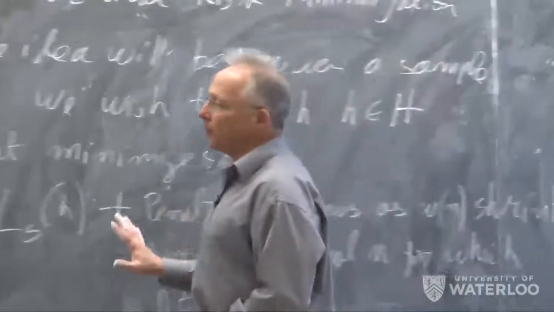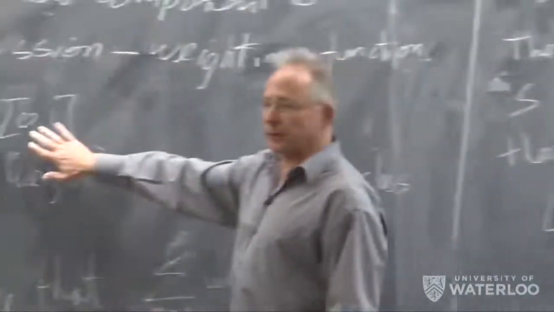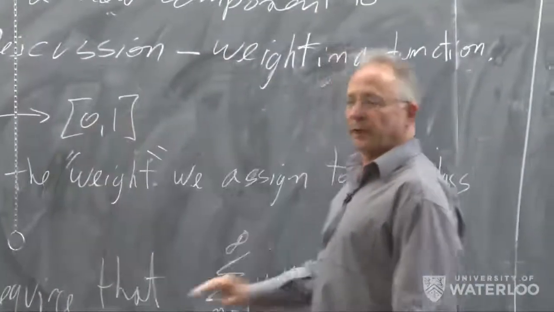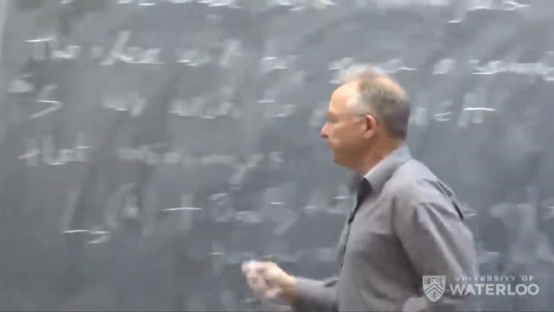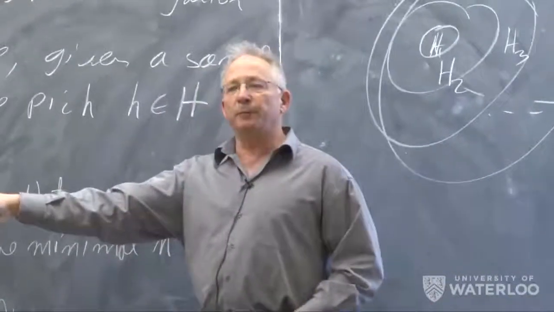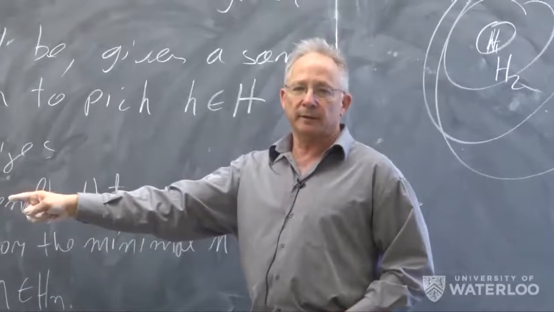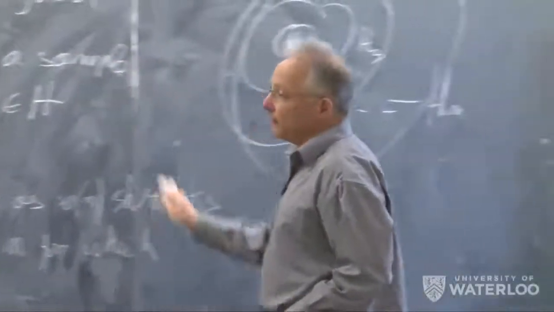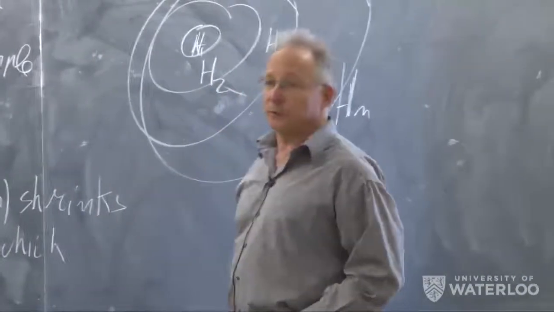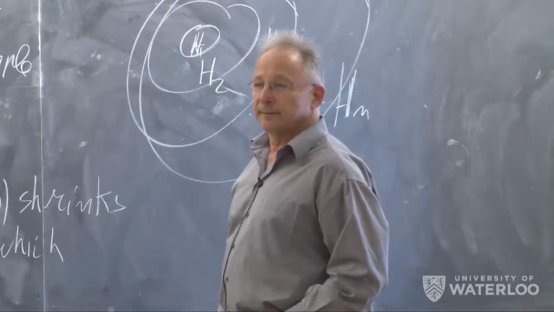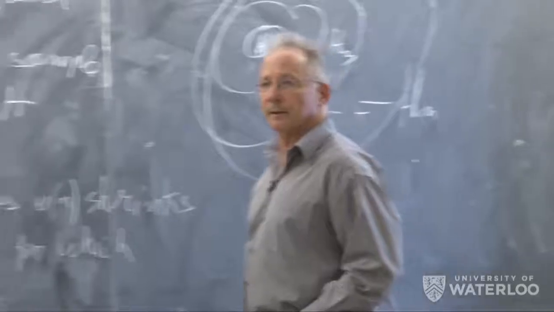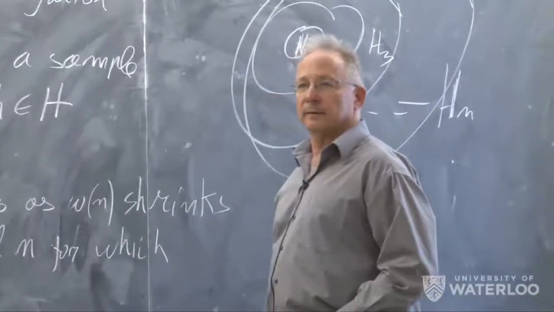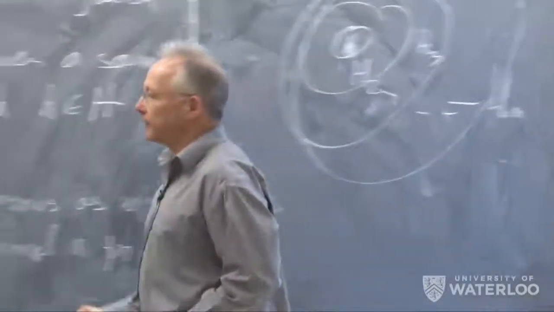So the new idea is that we are going to have this weight function, and the weight function will determine a penalty for picking a too complicated h. So that's the basic idea. I will now turn it into a proof. OK, so let us turn it into a proof.